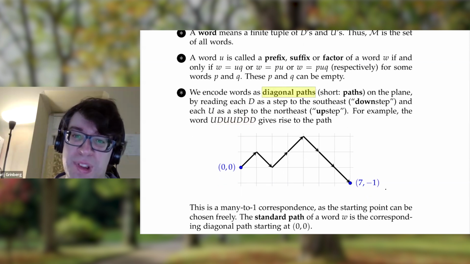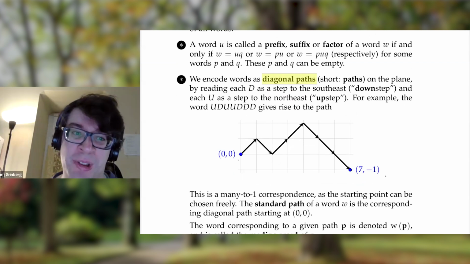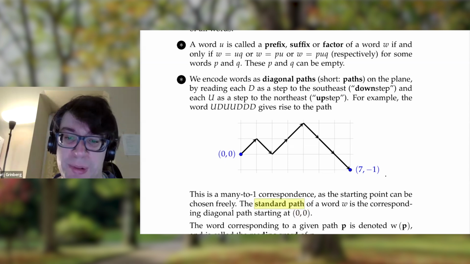Now this correspondence is almost a one-to-one correspondence, almost because you can freely choose where to start the path. I have started at the origin, but you don't have to. When you start at the origin, you call it the standard path of the word.